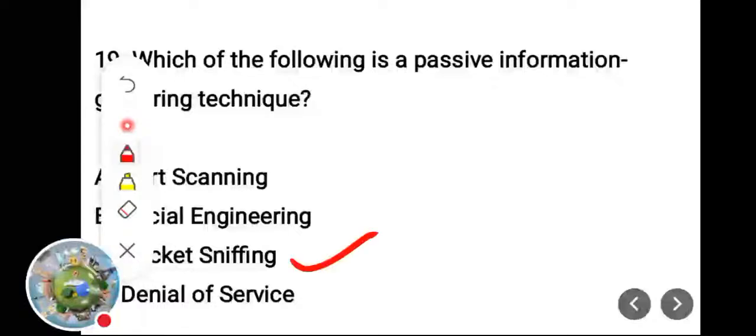It is a passive reconnaissance method used to capture and analyze network traffic. The answer is C.